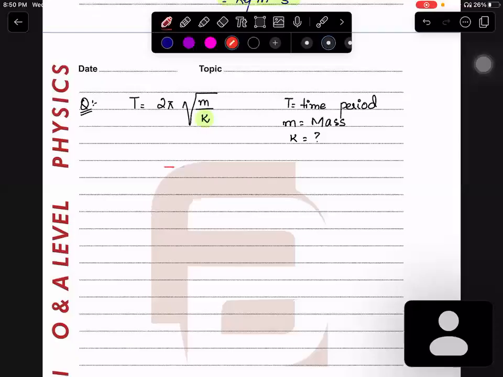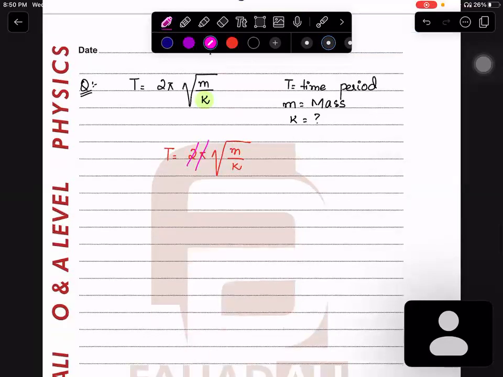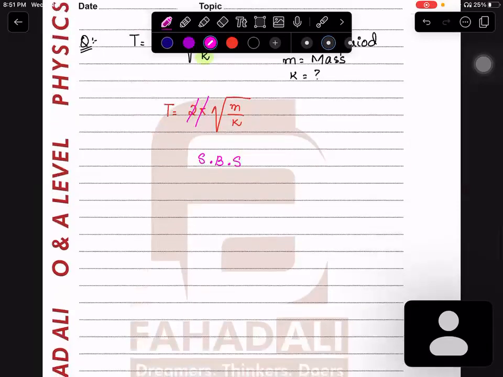What we will do is T is equal to 2 pi under root m upon k. After that, beta, 2 and pi cancel. Now there is an under root, Aiza, so we have to remove the under root. How will that happen? Like this, beta, squaring both sides. T square is equal to m upon k.